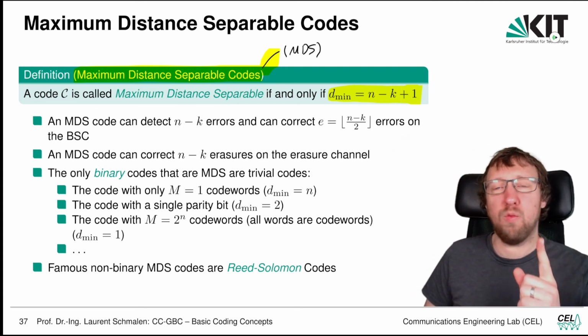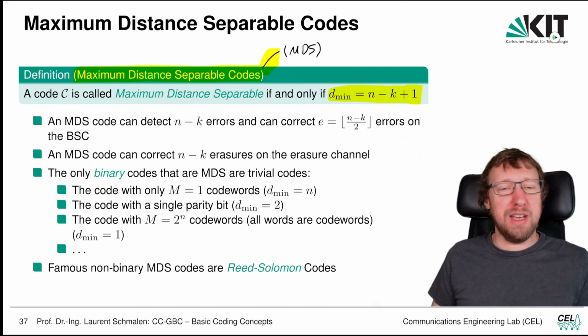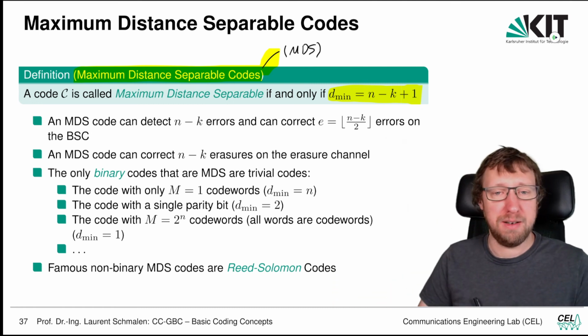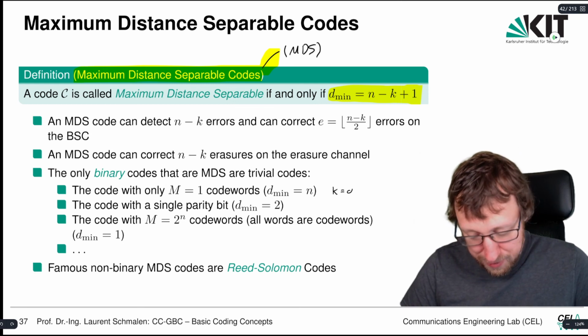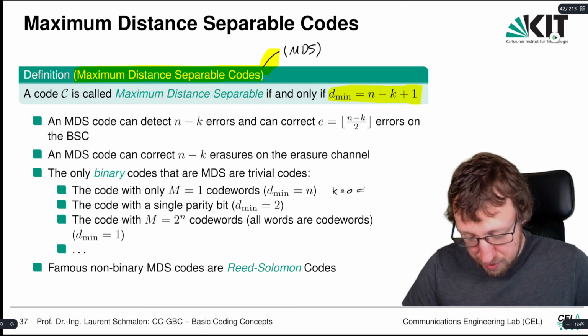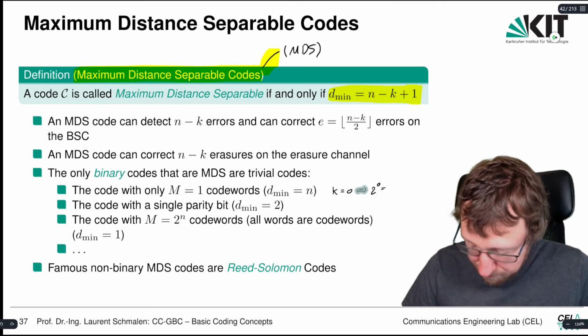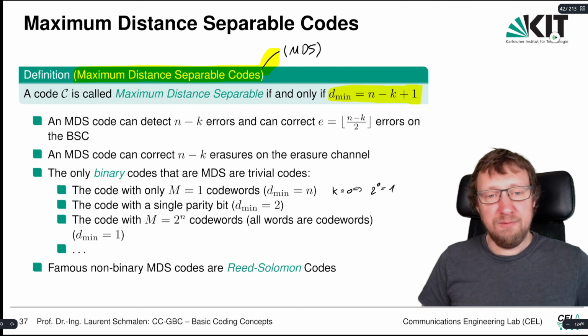The code that only has one code word, you cannot really use this for communicating because you will always send the same code word, so there's no information embedded. This means that k is equal to 0 because 2 power 0 is equal to 1 code word.